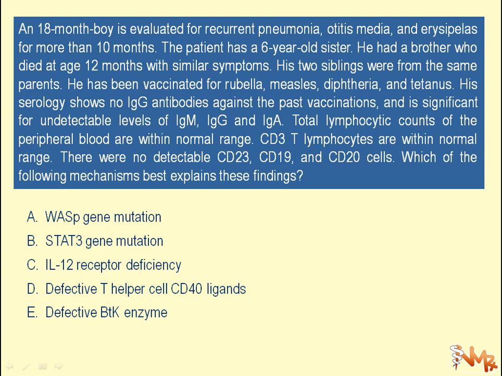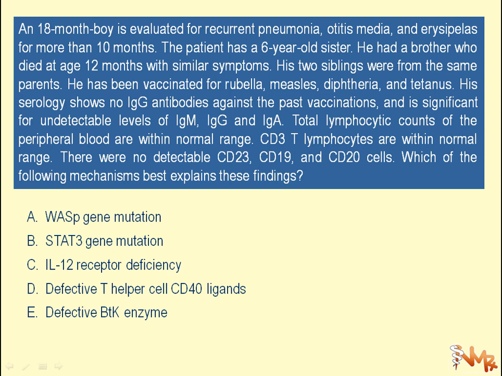His serology, however, shows no IgG antibodies against these vaccinations, and it is significant for undetectable levels of IgM, IgG, and IgA. Total lymphocytic count of the peripheral blood is within normal range. CD3 T lymphocytes are within normal range.